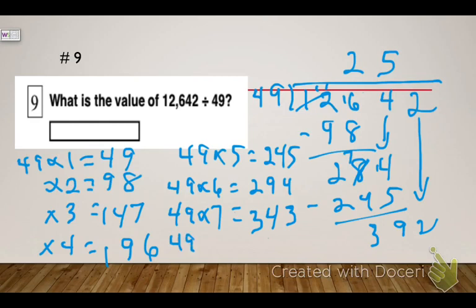So it'd be 49 times 8. 9 times 8 is 72. 32 plus 7 is 39. And sure enough, right there's our answer. 392. Kids, we have never worked on division where we go like 4 or 5 places past the decimal point.